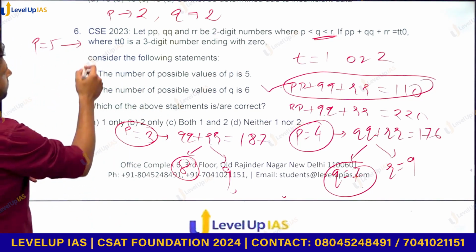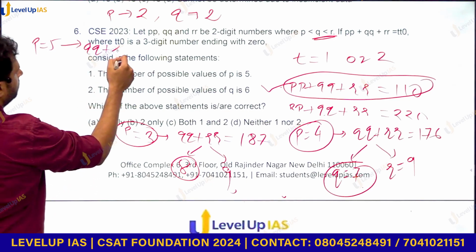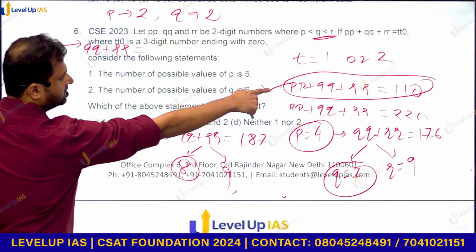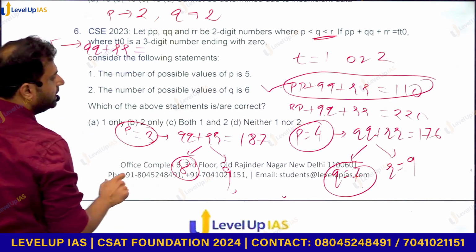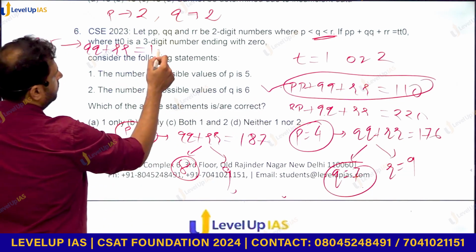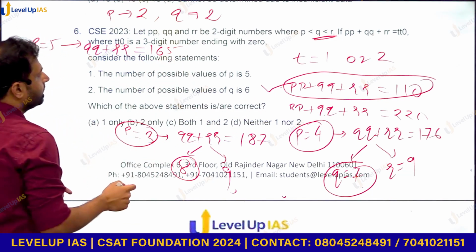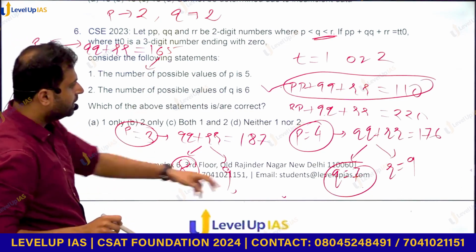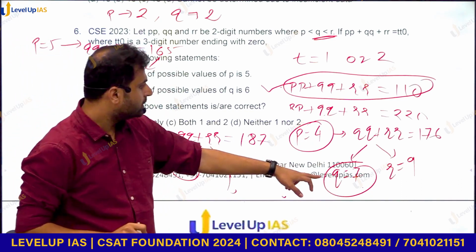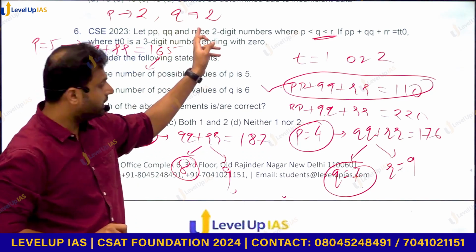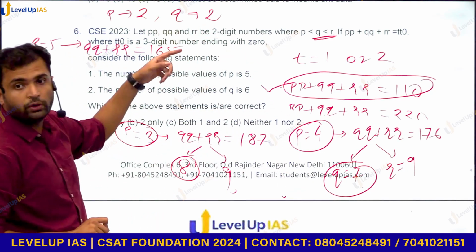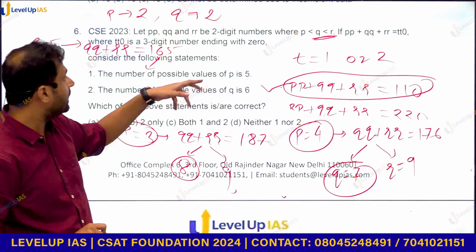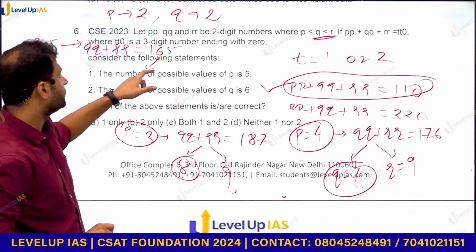Q is equal to 5, then you will have QQ plus RR is equal to, we can subtract 55 from 220 and you will get 165. Now again we have ensured Q is equal to 3, 4 here, but with 5 you will get 3-digit number for R. That is not true.